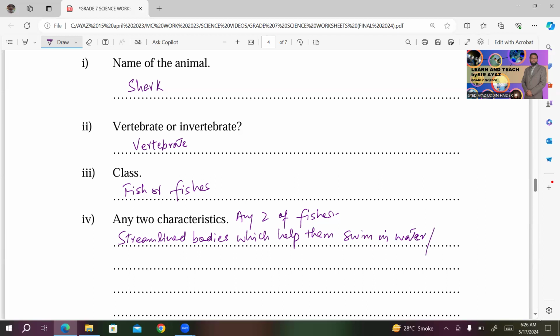Gills for breathing. Scales on the skin for protection.